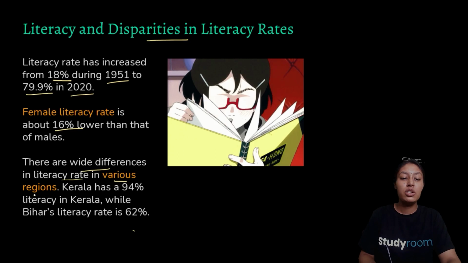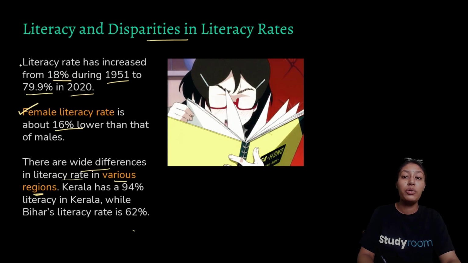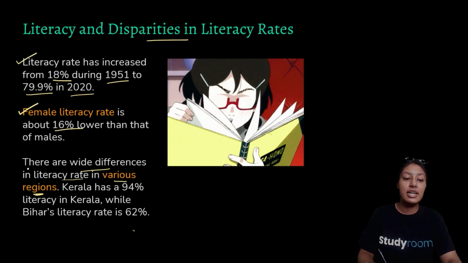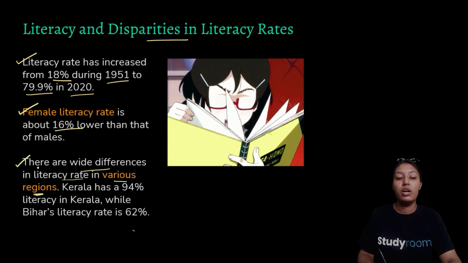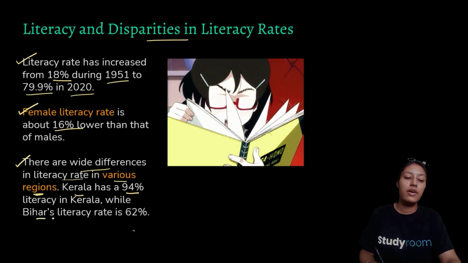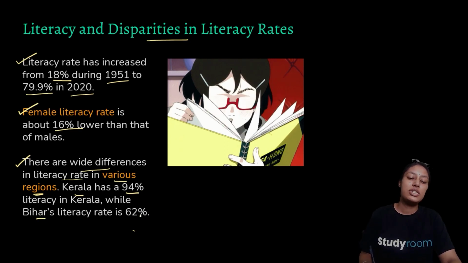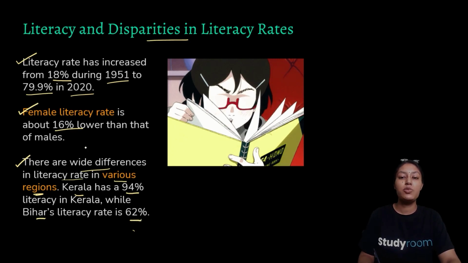So here we studied gender disparity, then time duration disparity, and now we study differences on the basis of region. For example, Kerala has the highest literacy rate, which is 94%. On the other hand, Bihar has the lowest literacy rate, which is 62%. So on these three bases, literacy disparities have been divided.